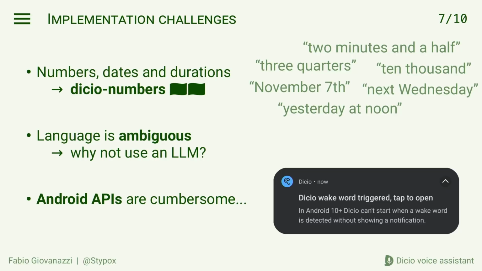So now on to some more implementation challenges which I faced. I will start with extracting some special kinds of entities. If you just say "what's the weather in Bolzano", then Bolzano is just a word, it's easy to extract. But what if I say "set a timer for 10 minutes"?